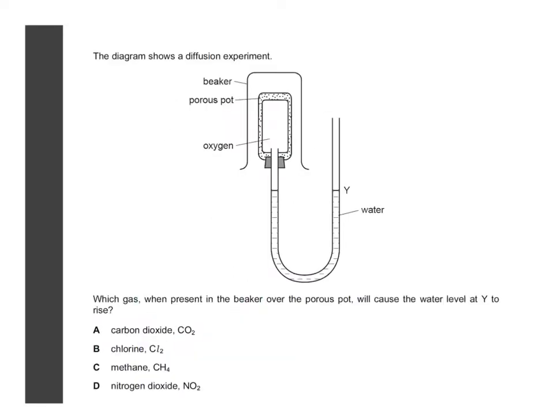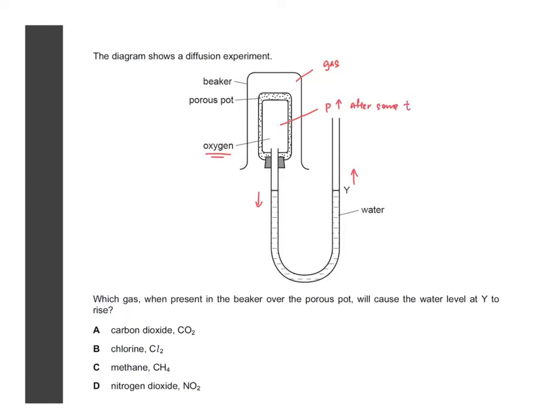Now let's look at one last question. Again, this is a porous pot question. Now we have oxygen inside the pot, and we have another gas outside. The question now is asking which gas will cause the water level at Y to rise. If you analyze the scenario, for the water level at Y to rise, the water level on the left would have to drop, meaning the pressure inside the pot must increase after some time.